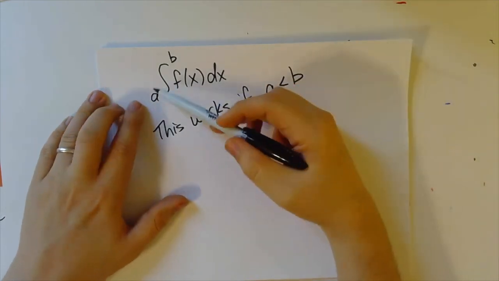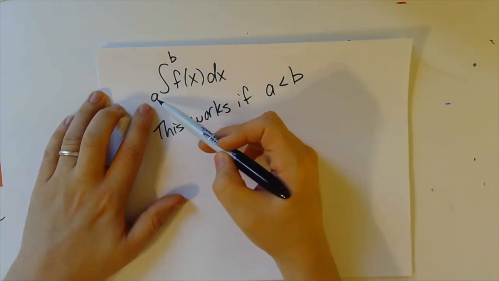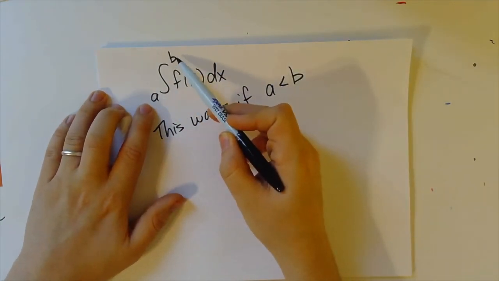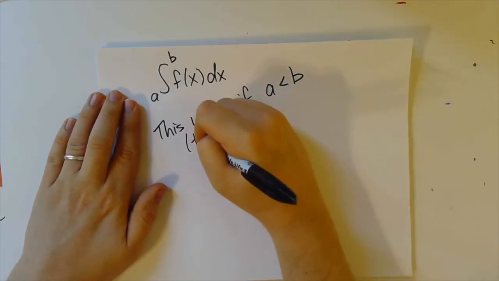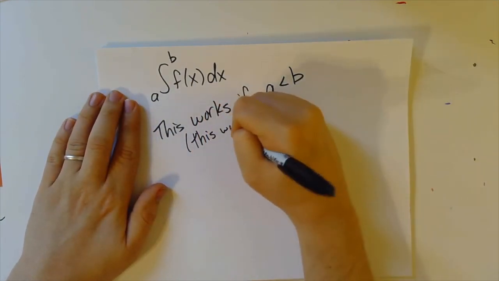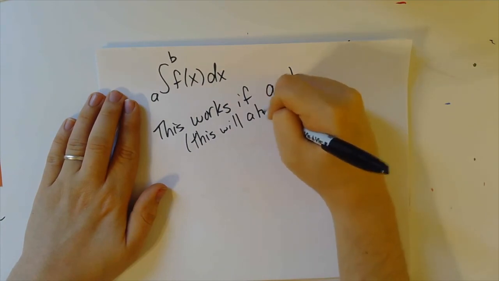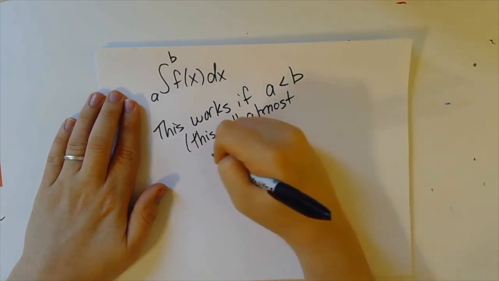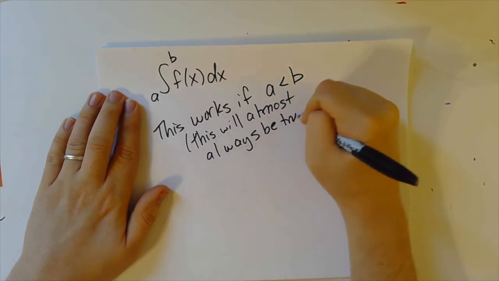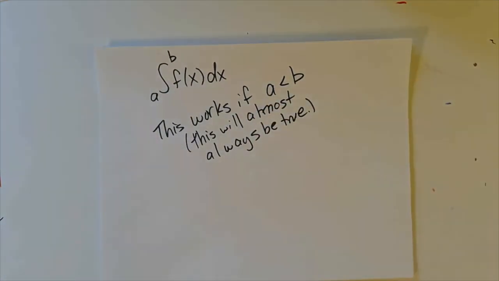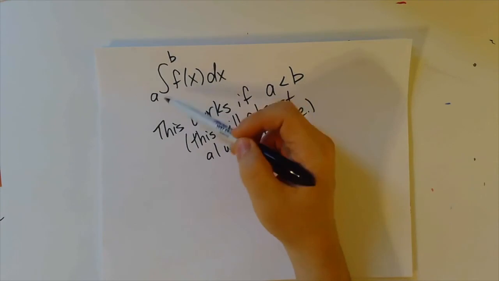And this makes sense that I'd put the left-hand bound first and the right-hand bound second. That just is the natural order. And this will almost always be true. So I would never deliberately trick you by swapping the a and the b. I'll always put them in order if I'm writing it.